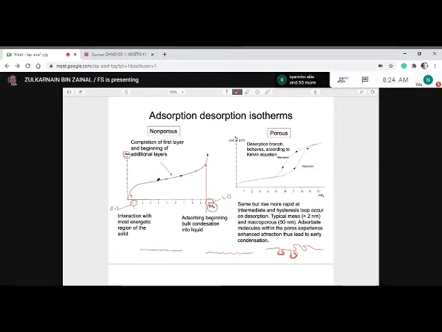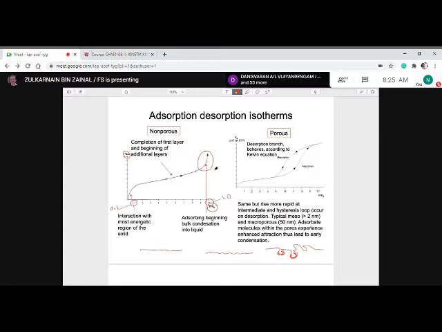If you further increase the pressure, the adsorption keeps occurring until it reaches a situation where the adsorbate forms condensation. That is where the process cannot go any further, and that is where you can read the saturated pressure.